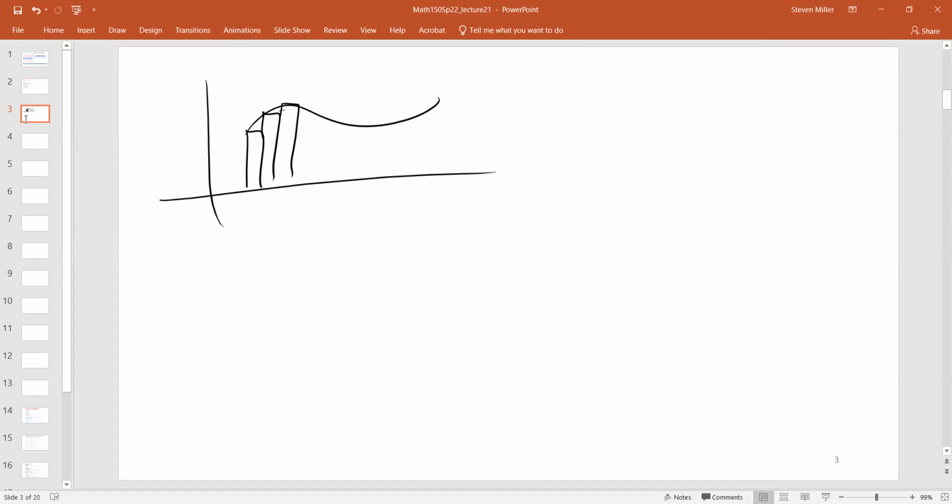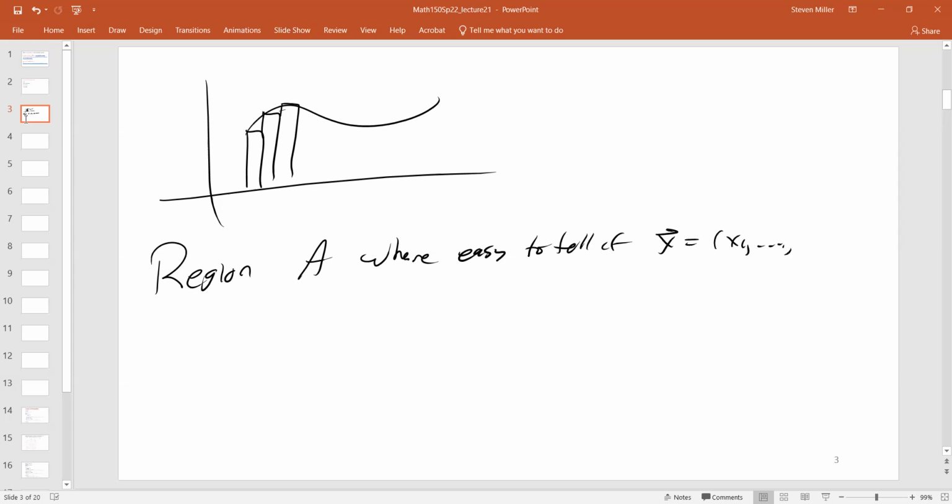So the idea is you have some region A where it's easy to tell if a point X, say X1 to XD, is in A. And we'll say A lives in a box.